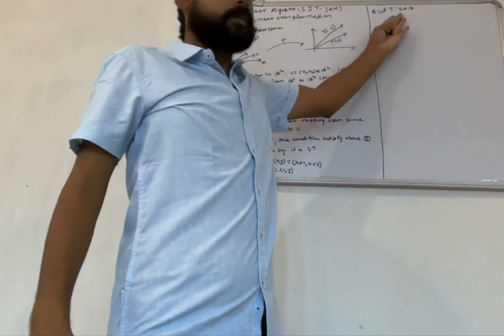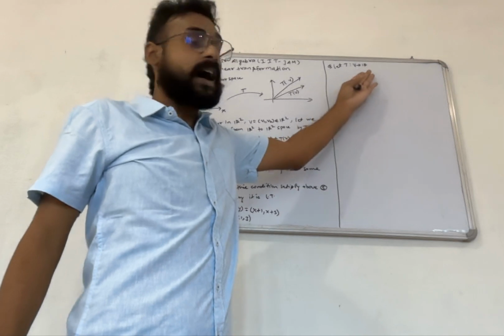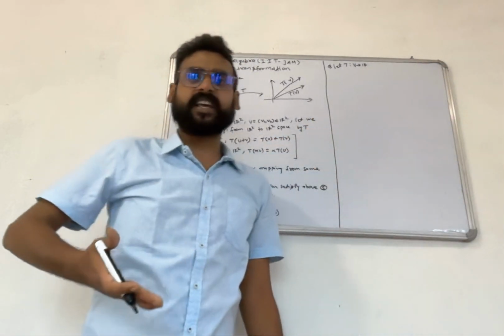Obviously here V is a vector space and R is a scalar field.